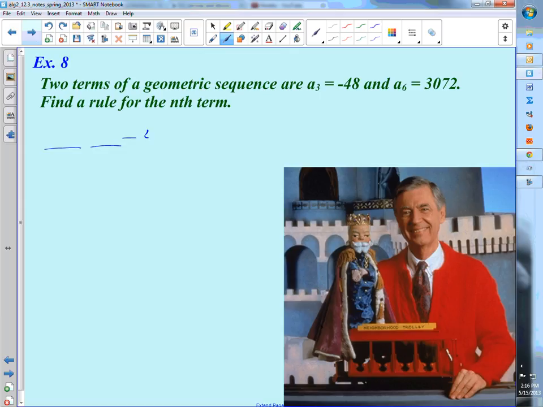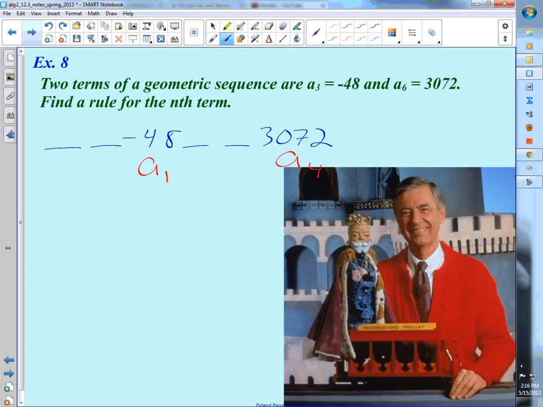This is our sequence, and this is a geometric sequence. What are we going to do? Negative 48 is a sub 1, and then this would be a sub 4. So we're going to go to the Land of Make-Believe and just pretend that negative 48 is your first term.